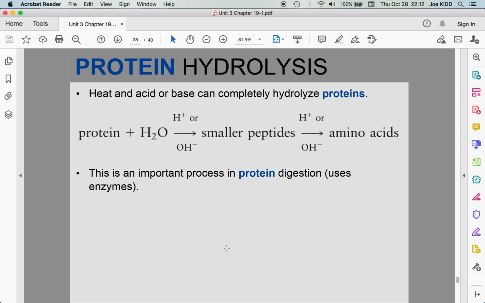So obviously we do ingest proteins. It's not just something we make, we ingest them as well. And so there needs to be a process by which we can break apart the complex protein and turn it into something smaller that we can begin to digest and utilize bits and pieces of. So in a lab, we would do this under acidic conditions with water. In our bodies, this is also done by whatever digestive enzymes are assigned to whatever specific proteins we're looking at.